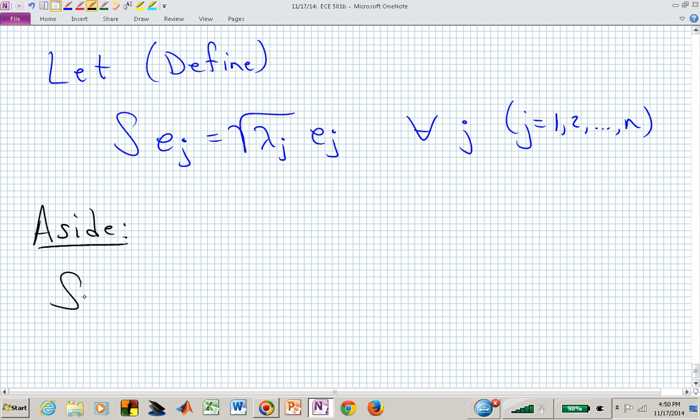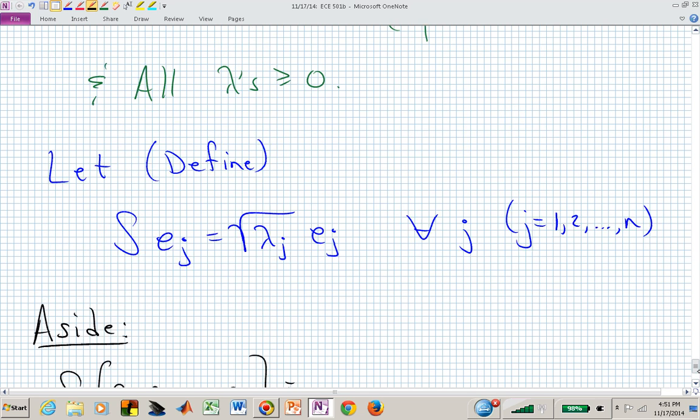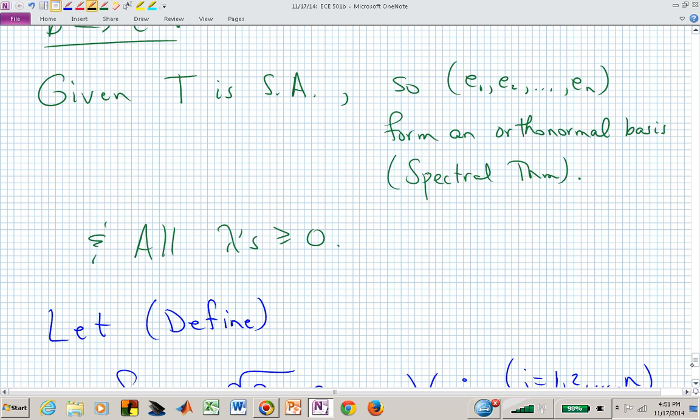Let me now say that I have S times E1, E2, E sub n, and those are all equal to a scaled E1, E2, En, where they're scaled by the square root of the original eigenvalues, the positive square root of T's eigenvalues.